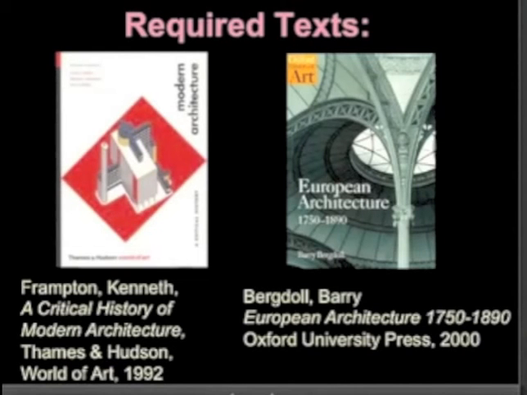So this period that Bergdahl writes about, 1750 to 1890, is a really interesting period for architecture, because up until that point, more or less, there was a consensus about what architecture should be. If you were an architect in 1280, you're probably doing something Gothic-y.